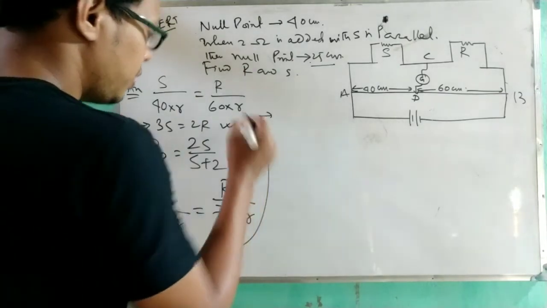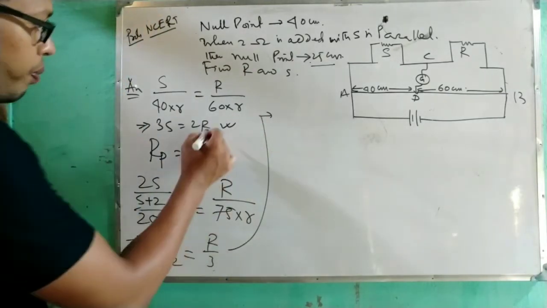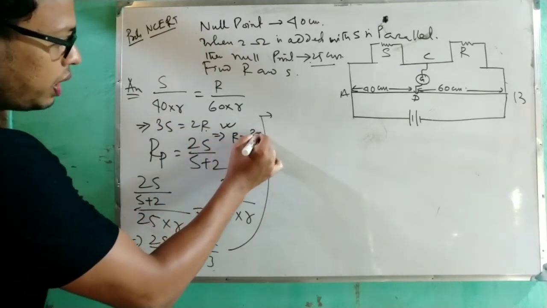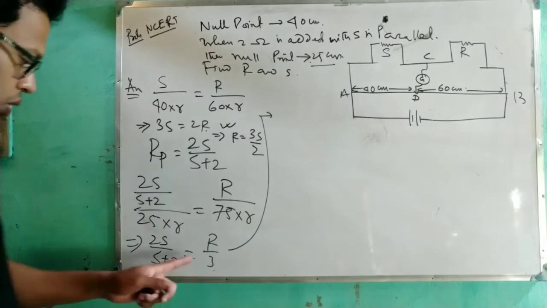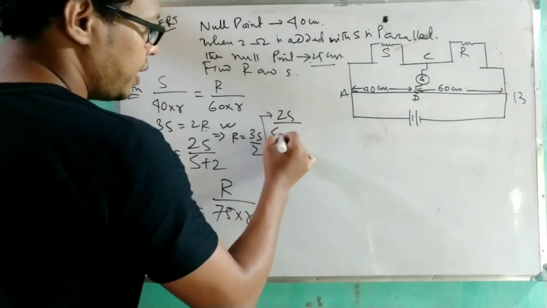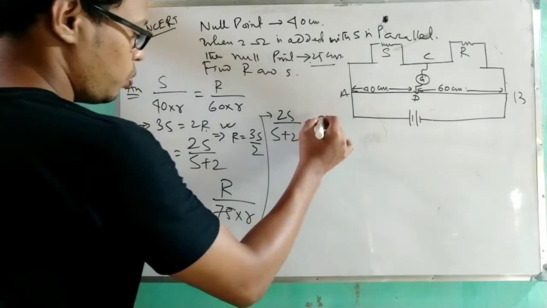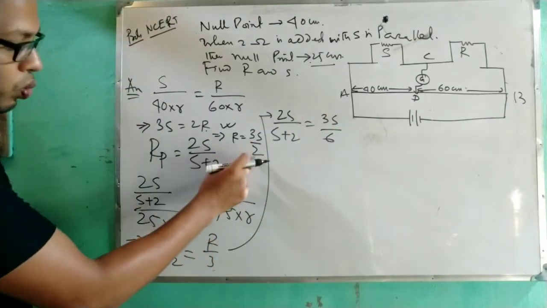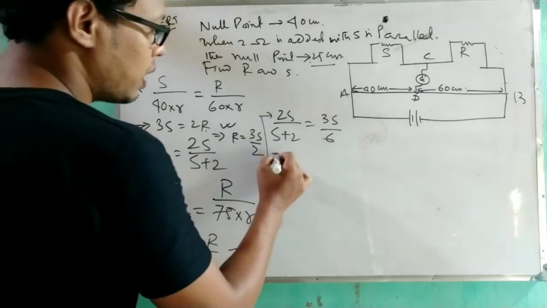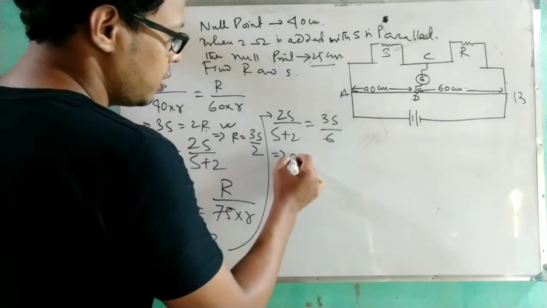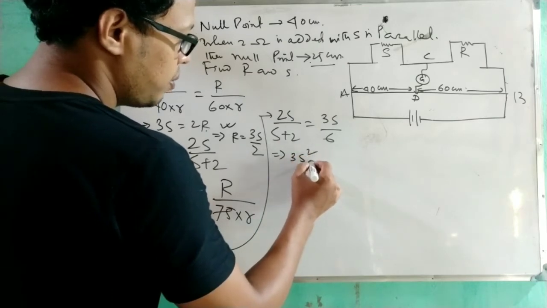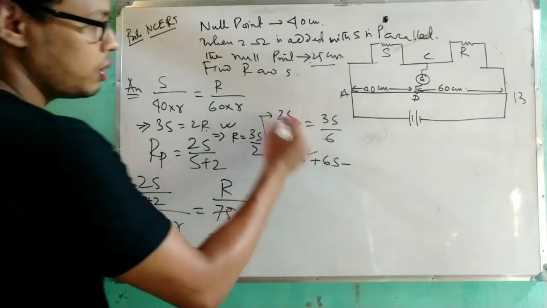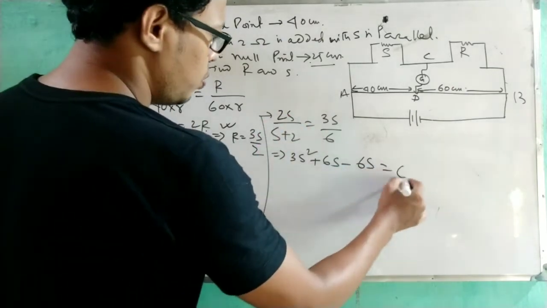Now here I am doing, look, from here I can write R equals to 3S divided by 2. So here 2S by S plus 2 equals to 3S by 6, because 2 and 3 is there, so 6. So calculate it, it will come 3S square plus 6S minus 6S equals to 0.